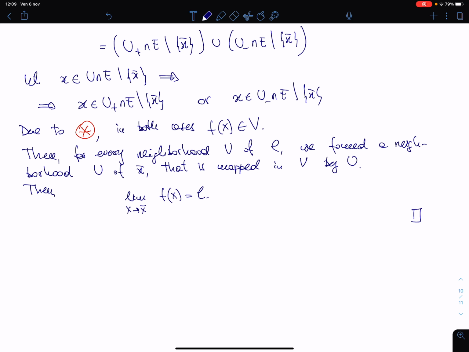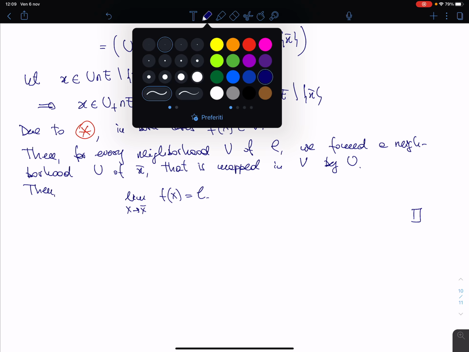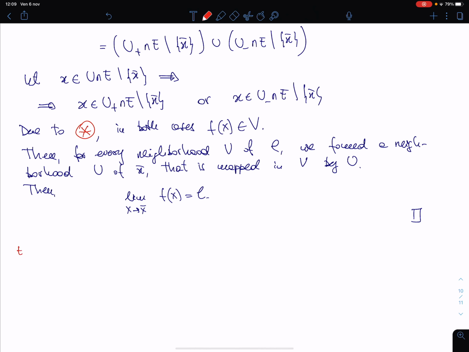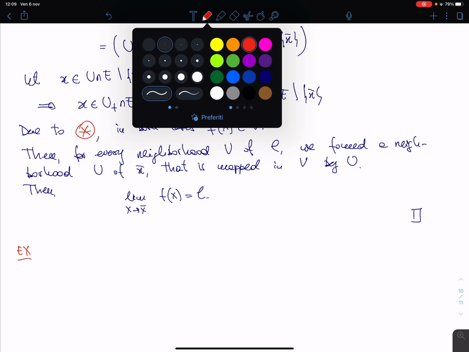Okay, this is the answer. So, as an example, I take the sine function again. Consider f of x to be sign.